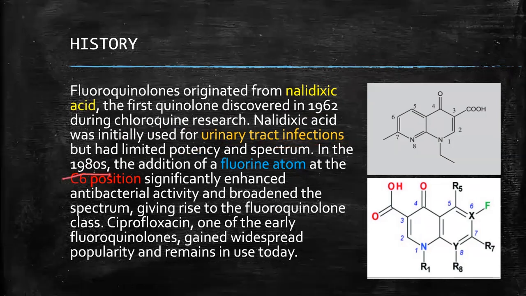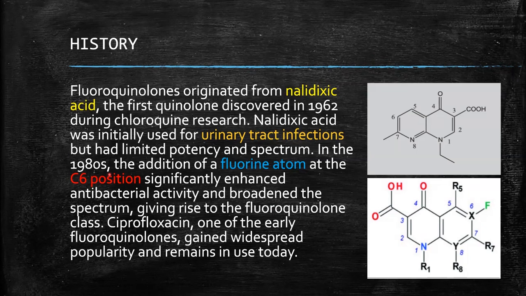in the 1980s, a fluorine atom was added at the carbon 6 position of the quinolone ring. So if you look at the structure of the quinolone ring, at the 6th position you will see the addition of the fluorine atom.